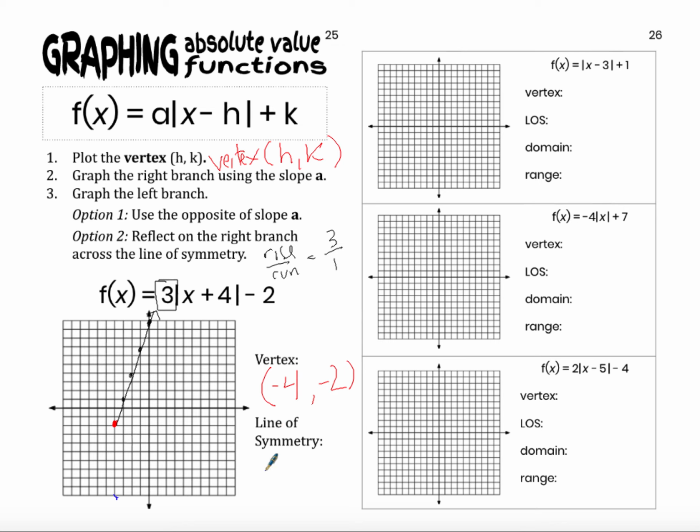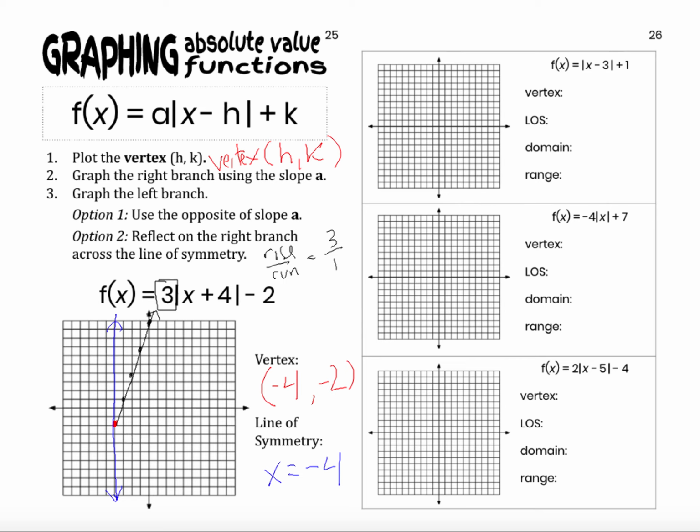The line of symmetry is the vertical line, meaning it has an equation of the form x equals, that goes through the vertex, dividing the V-shape into two symmetric halves. The line is given by x equal to the x-coordinate of the vertex. So in this case, x equals -4. You could also just look at the equation and it is again the opposite of this number.